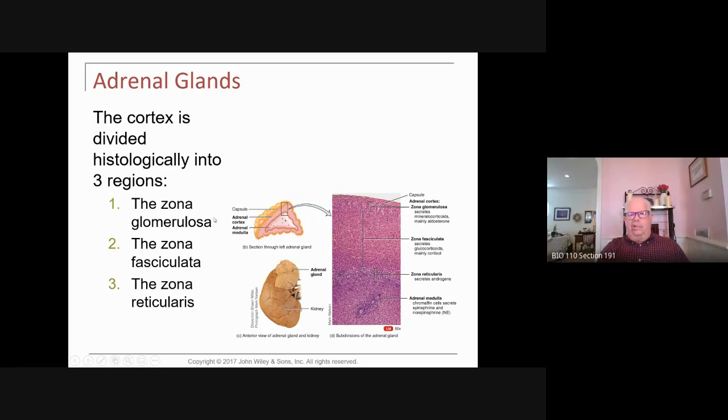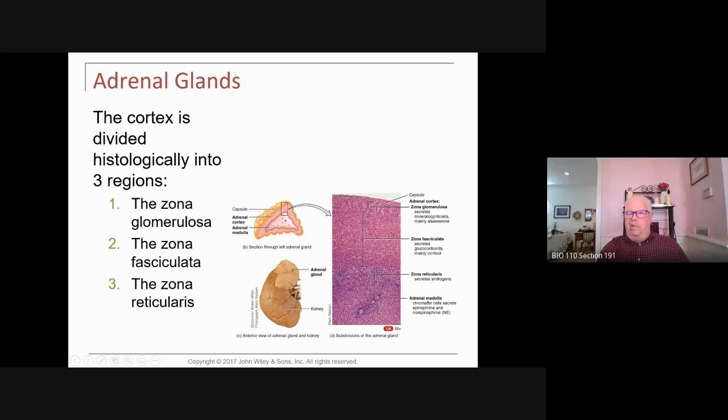I want you to look at the right here. The zona glomerulosa produces mineralocorticoids, cortisone-type hormones that deal with minerals.